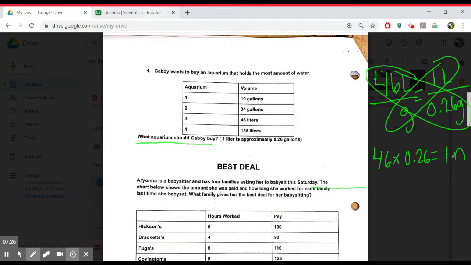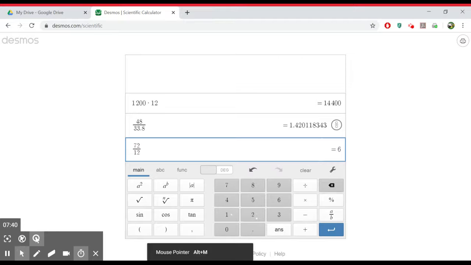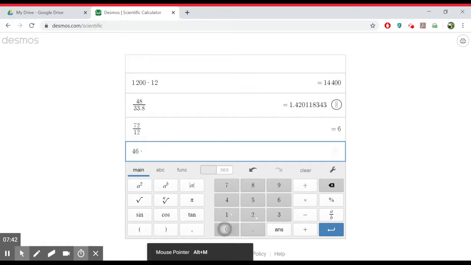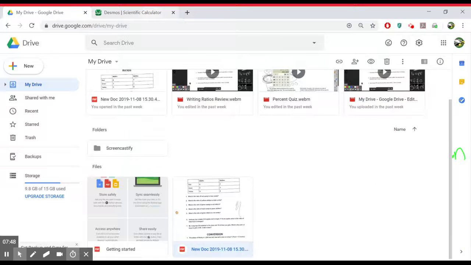So it's 1 times a number. Well, this just tells me that I'm going to end up dividing by 1 over here, which means that this will just be my answer. So I have 46 times 0.26. 46 times 0.26 is 11.96.